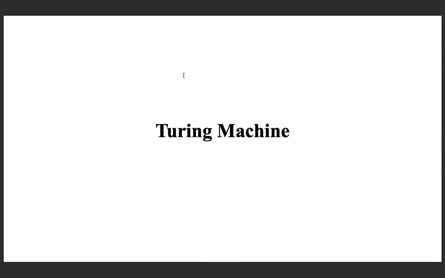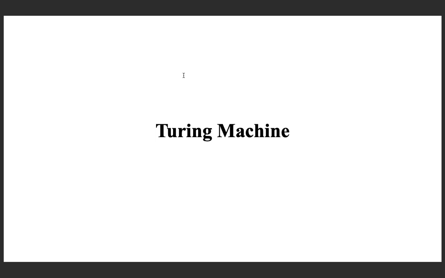Now, we have seen finite state automata, pushdown automata and linear bounded automata. Now we are going to see the most powerful class of automata, namely the Turing machine, which is very similar to a linear bounded automaton with only a single structural difference.